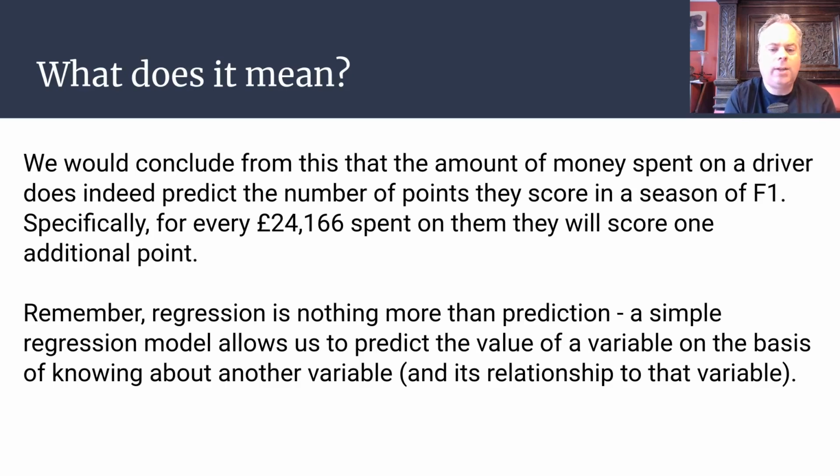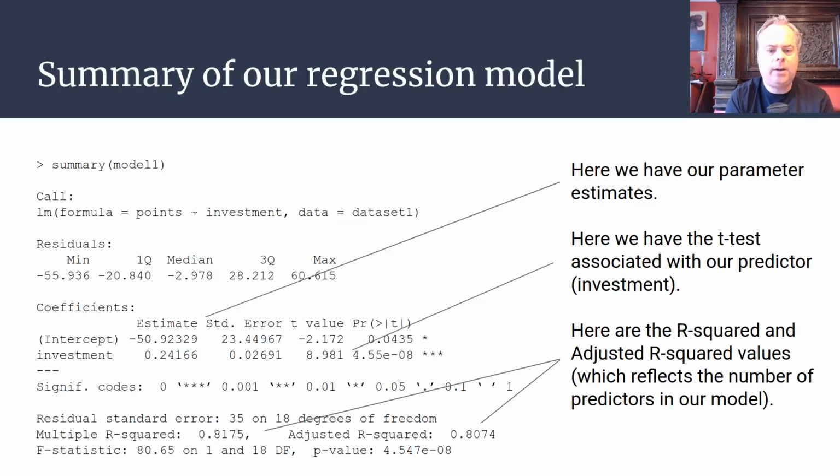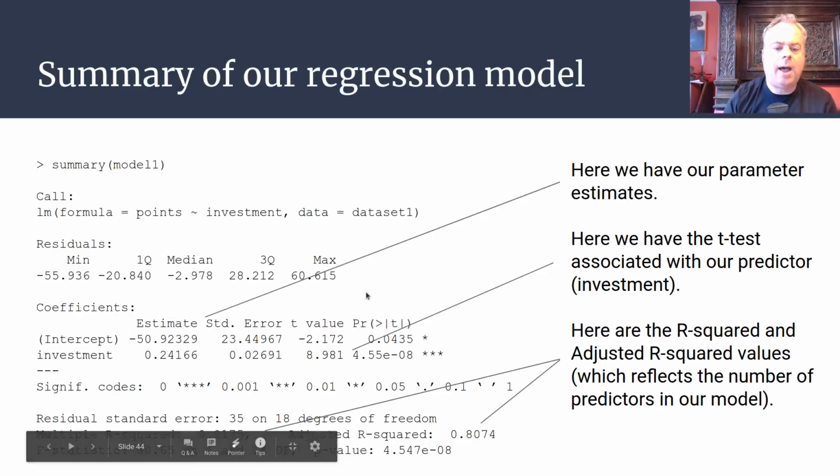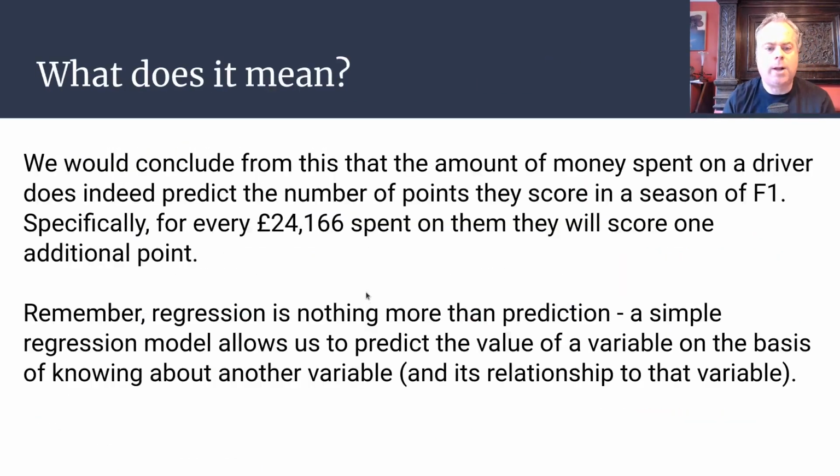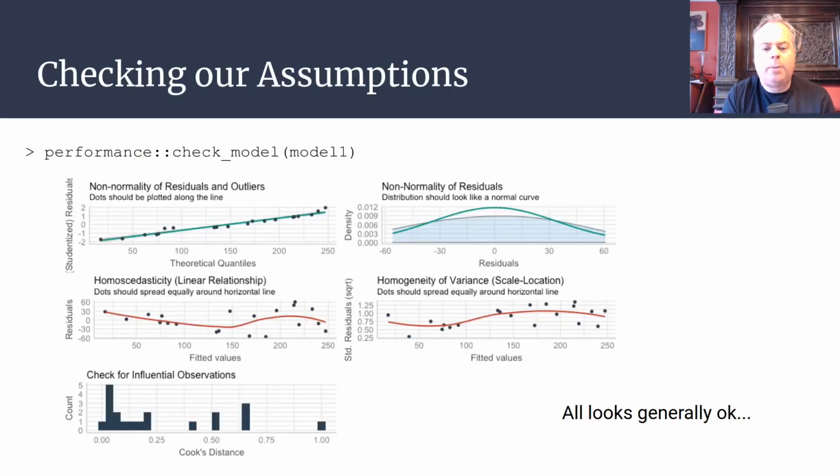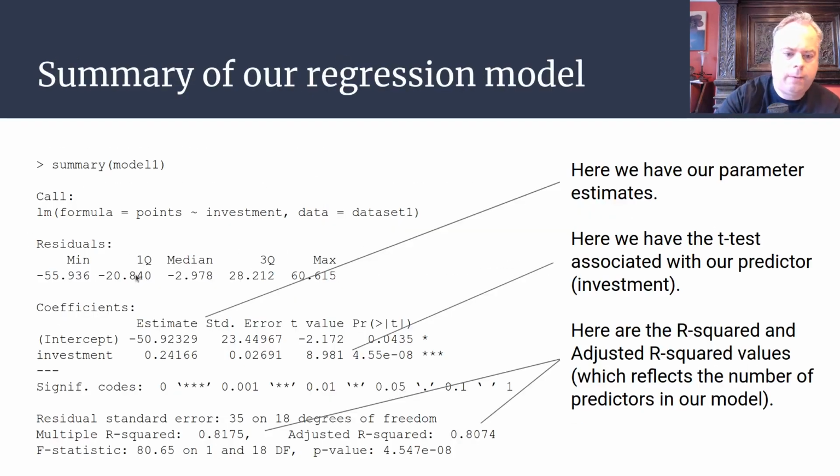Well, we can take this information here in terms of the parameter estimates and actually use this information to interpret what our model actually corresponds to. And if you remember, the investment was measured in hundreds of thousands of pounds. So we have to multiply this value down here by 100,000 to make it interpretable, and this value too, actually.